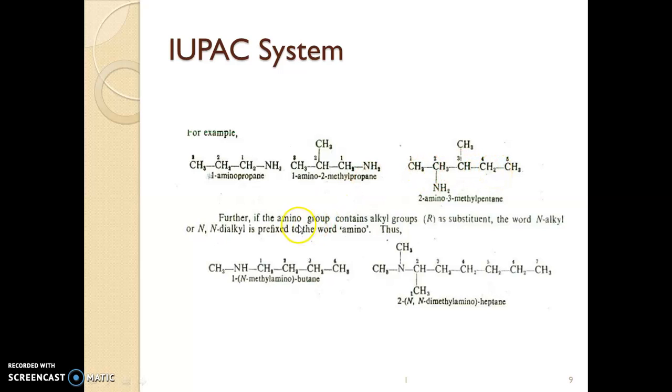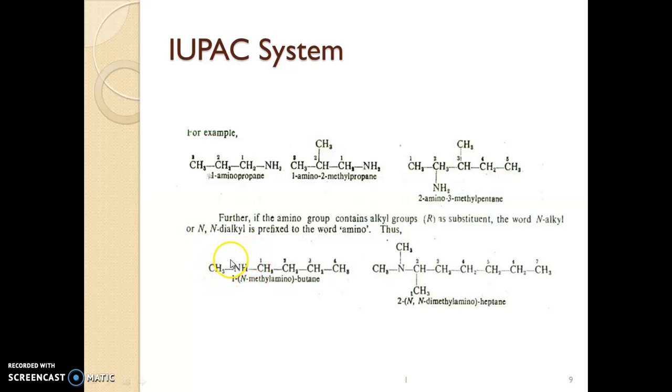Then further, if the amino group contains an alkyl group as a substituent, the word N-alkyl or N-dialkyl is prefixed to the word amino. Means what? See, this is the first structure. In this longest continuous chain, one alkyl group is attached as a substituent to the functional group.